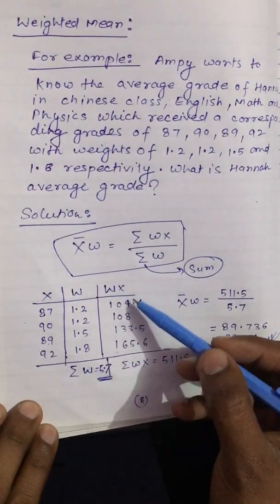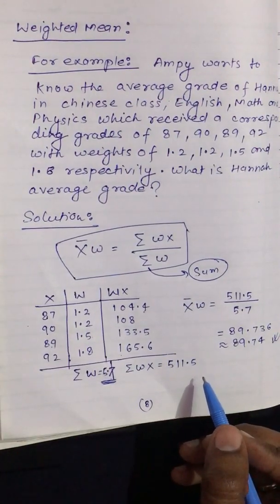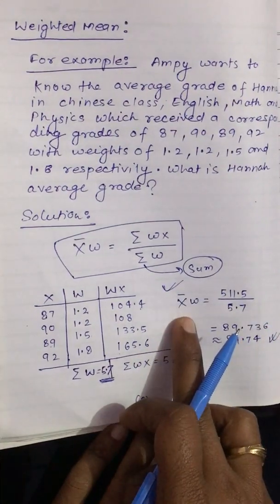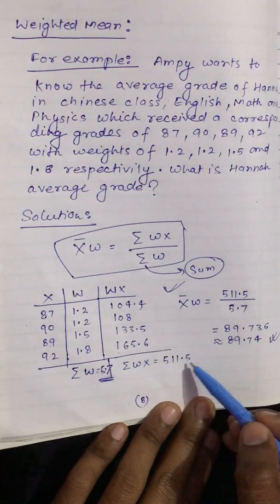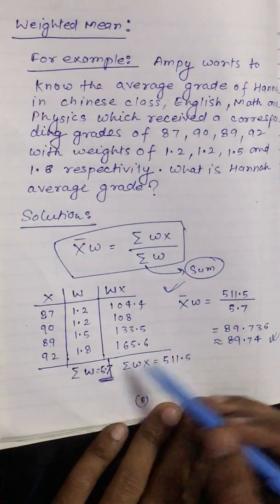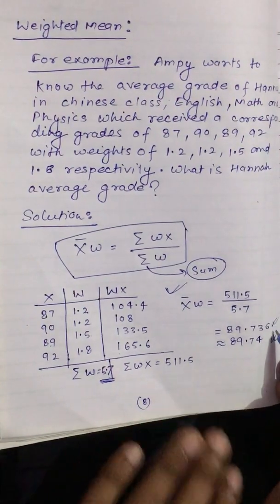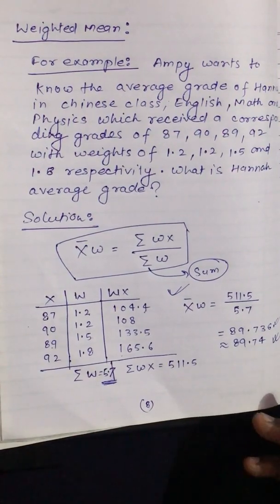Now sigma means sum. Sum of wx means we're going to add all of them. We got 511.5. To find the weighted mean, sigma wx, 511.5, divided by sigma w, 5.7. You will get 89.736, and approximately I can write 89.74.